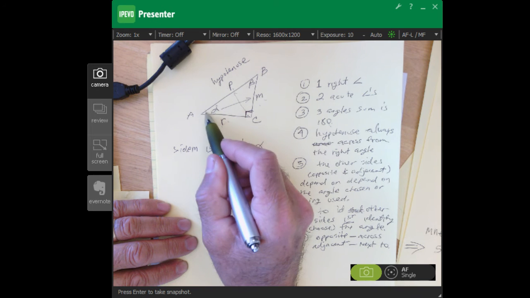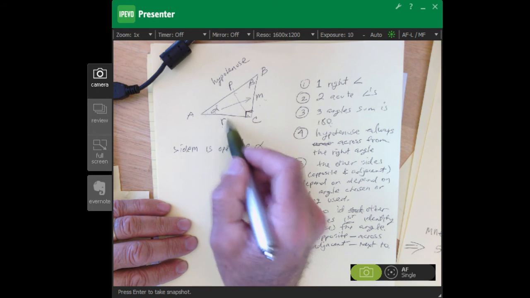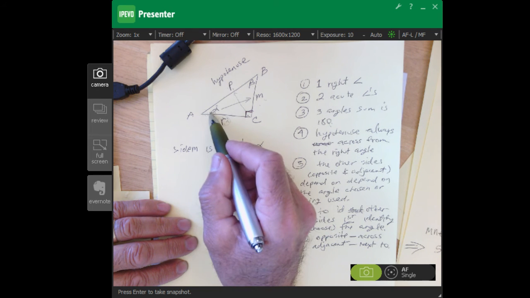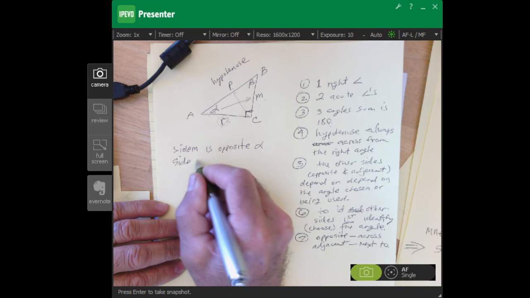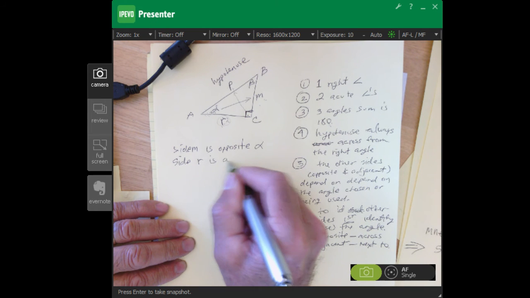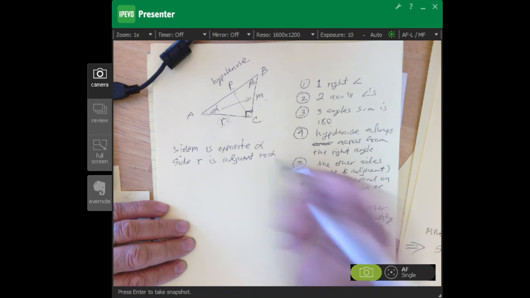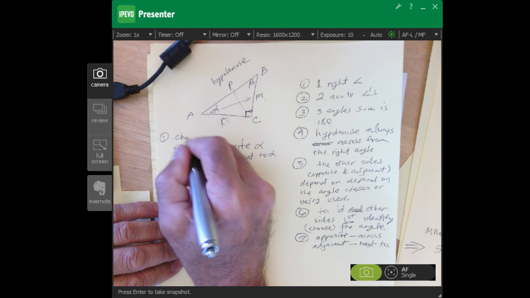So alpha is right here in this corner, straight across this vertex. If we look at R, R is right next to this angle, right? That's our adjacent. Side R is adjacent to alpha. So here are our two examples.